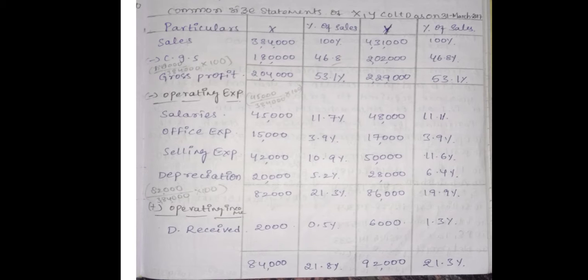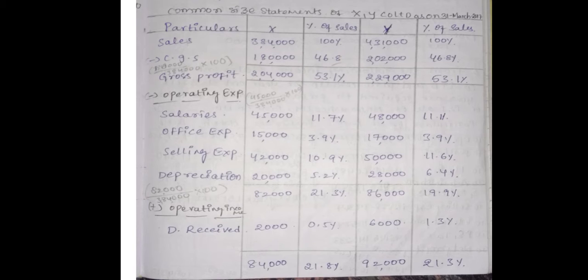First we need to take the sales of X company, 3,84,000. Percentage of sales, there is no reduction, so it is 100% of sales. 4,31,000 is 100% of sales for Y company. Next, cost of goods sold.